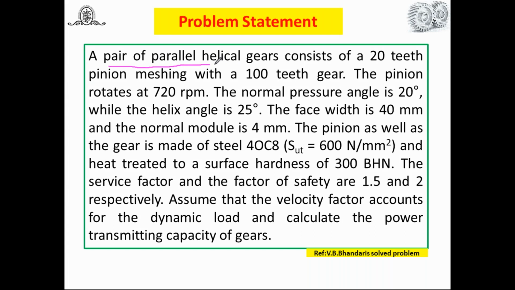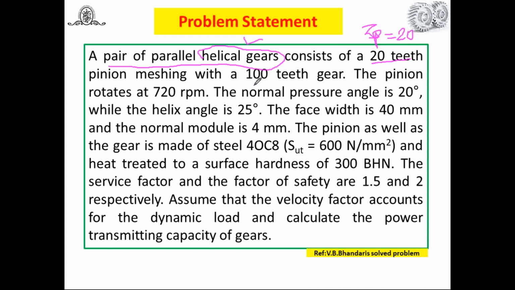So here, a pair of parallel helical gears. So which gear? Helical gear. That means you have to find out the power transmitting capacity of helical gear. That's why you can write down in given data: helical gears. Then it consists of 20 teeth on the pinion, and you know the nomenclature, ZP is equal to 20, and the same nomenclature we are going to use for all the gears.